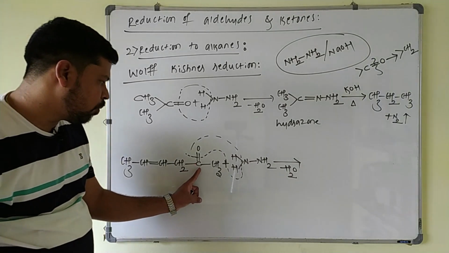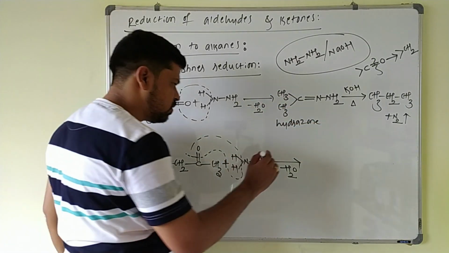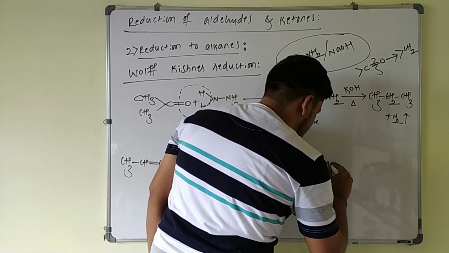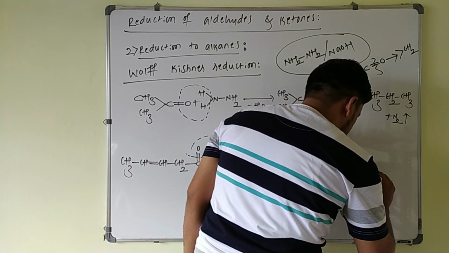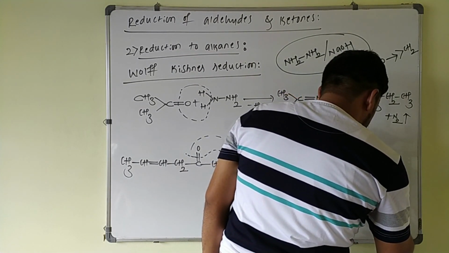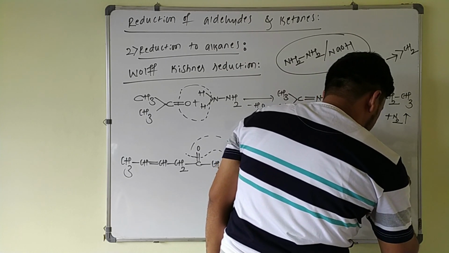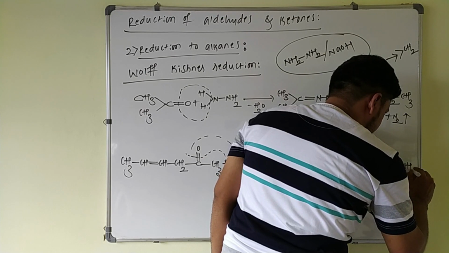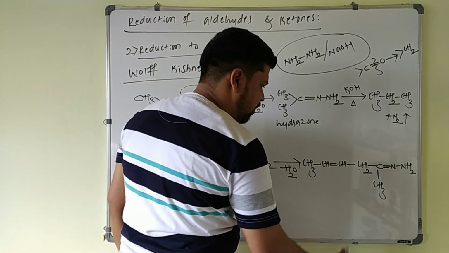Just the carbonyl group, this C double bond O is converted to what? CH2 group here. So this is your CH3, CH double bond CH, next another CH2, and here this carbon is connected to one CH3 and it is connected to the nitrogen with a double bond, and another NH2 is there here. Like this you will get a compound. This double bond is not at all affected.